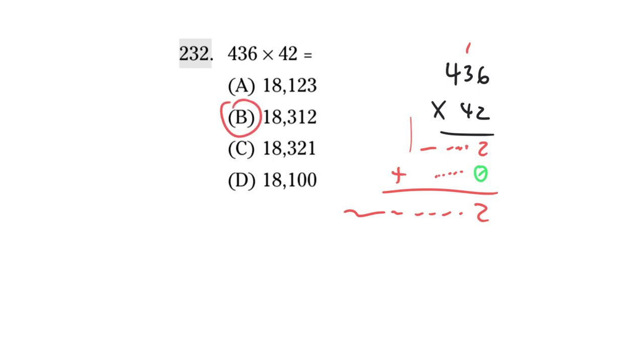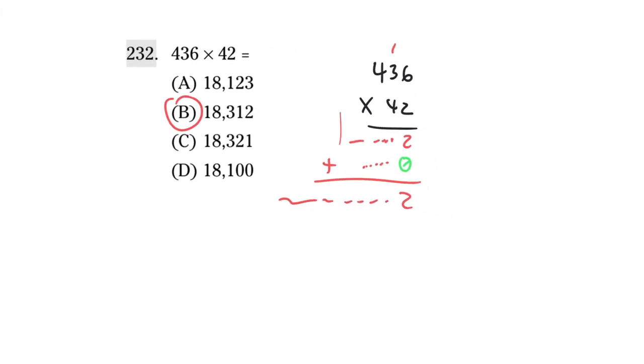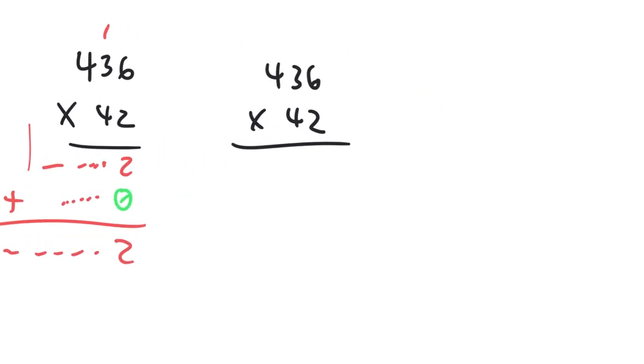All right. It is the case, however, that my student watching might want to be reminded of how this works. If you were to actually go through the process without using the shortcut, it would be 6 times 2 is 12, carry the 1, 3 times 2 is 6, plus that 1 is 7, 4 times 2 is 8, drop the 0 that I had mentioned before.